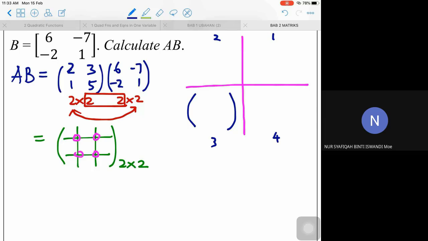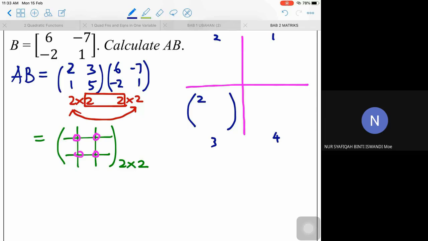Ready? Okay. So this is the third quadrant. The first matrix we put inside the third quadrant: 2, 3, 1, 5. And then the second matrix we put inside the first quadrant: 6, -7, -2, 1.